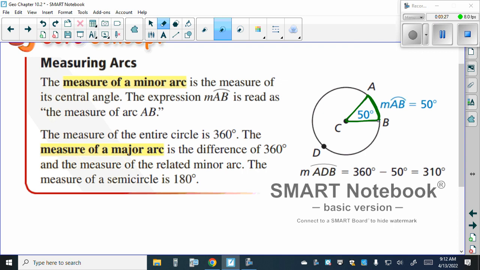A circle is how many degrees? So we can subtract 50 from 360 and get that this other arc is 310 degrees. Whenever we talk about the measure, we put a little m in front of it to say this is the measure of arc AB. Any questions on this here?